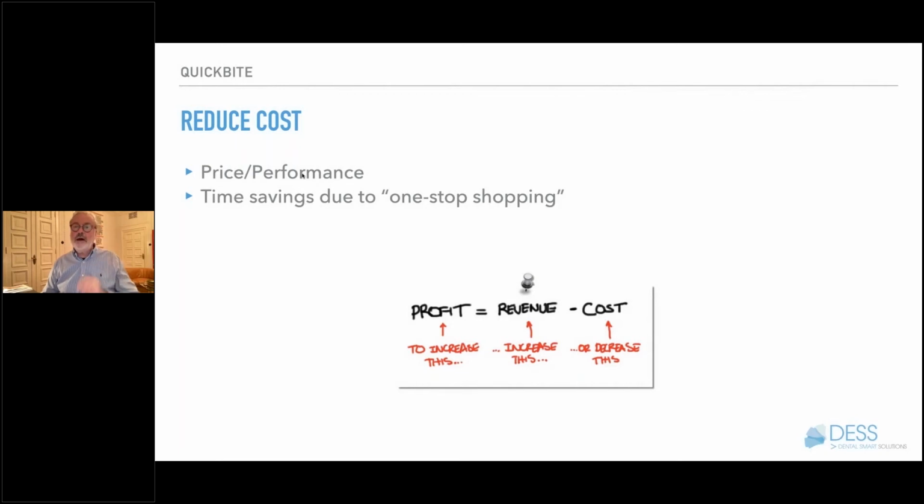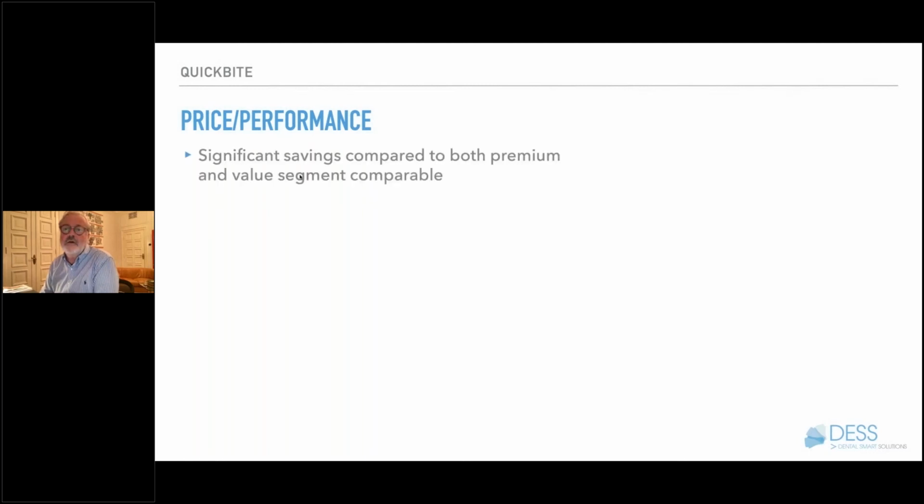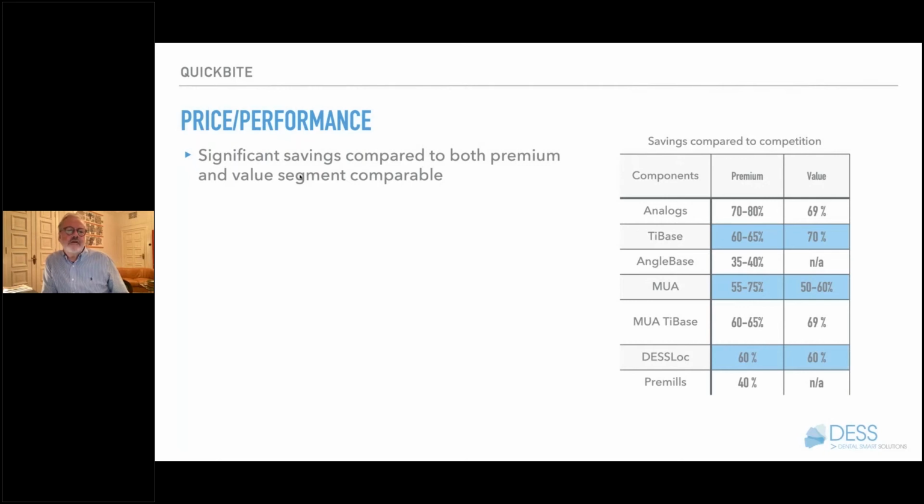But there are also other time-saving features in the DESS product line, and I will go through a few of them later on here today. So price performance, there are significant price savings that you can do on all of the laboratory products.